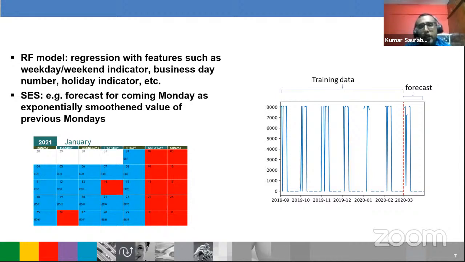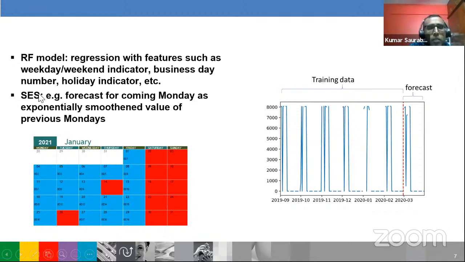There I would take how the job has performed, or what the elapsed time was for the given job on past several Mondays in the training data, and then take a weighted average by estimating the SES smoothing parameter, and use the smoothing parameters to forecast for the coming Monday.